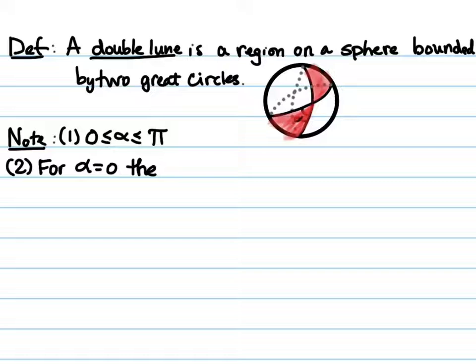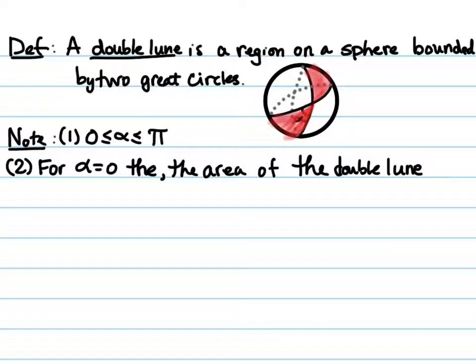Okay, so for alpha equal to 0, then the area, that red area would be what? Yeah, it'd be 0. Area would be 0 if the two great circles essentially were the same thing. And if alpha equals pi, this is sort of the antithesis of this, the exact opposite.